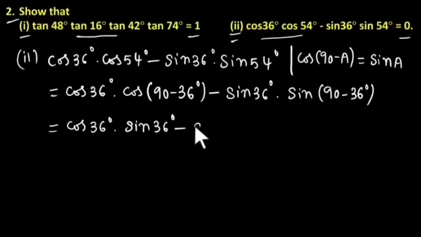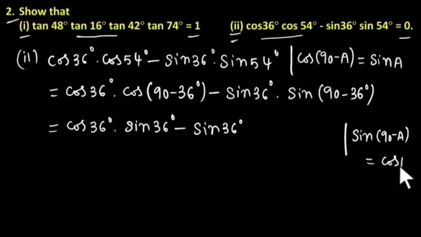Minus sin 36 into sin of 90 minus 36. So it is of the form sin of 90 minus A. Sin of 90 minus A is cos A. So in place of sin 90 minus 36, we get cos 36. That equals to, so we make a little bit of rearrangement.